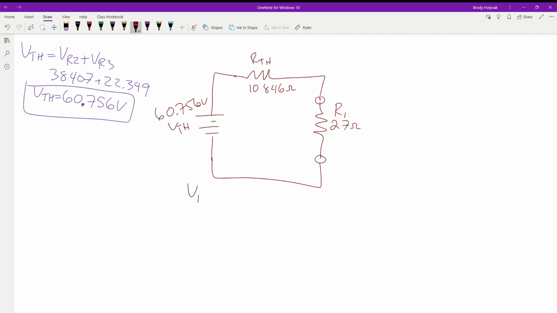So the voltage of R1 is going to be equal to 27 ohms divided by the 37.846, which is just adding these two together, and then multiplying it by our total voltage, which in this case is V Thevenin, 60.756 volts. So looking at that, we should have about 2/3 of the voltage being dropped across this one. So we should be seeing around 40 volts.